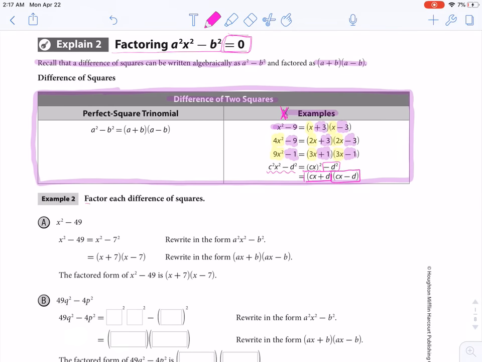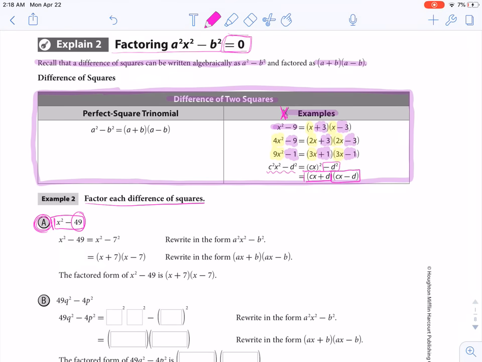So factor each difference of squares. If we look at a, right now I want you guys just highlighting as I talk about it. We have x squared minus 49. We recognize that we have 1x squared, which is a perfect square, and we also recognize that 49 is a perfect square.